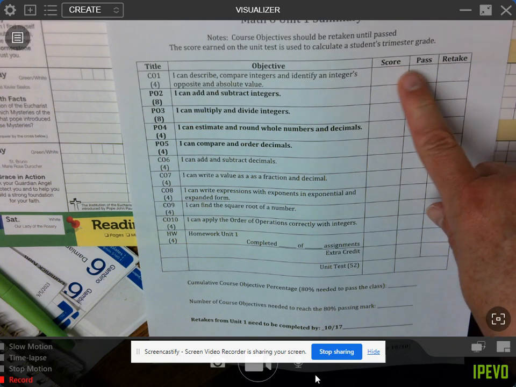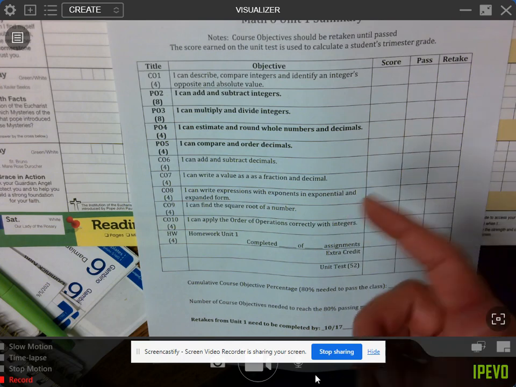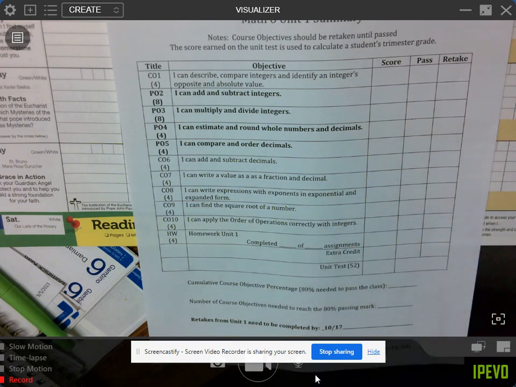Do I have to retake anything that I passed? Well, if you got 4 out of 4, why would we retake 100%? No, you don't have to retake 100%. What if you got a 6 out of 8? You missed 2 points. Can you retake that to get 8 out of 8? Yes, good job, Dom. You can.